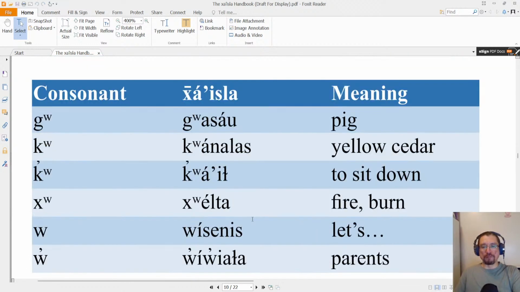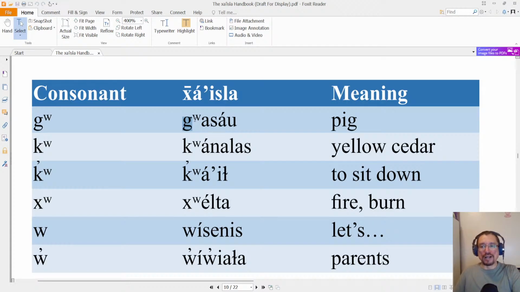You're doing the same thing with your lips and you're blowing air out, kind of like that. So basically what you're doing with a rounded G is you're starting to make a G sound, but before you even make that G sound, you're rounding your lips. So it's gua.